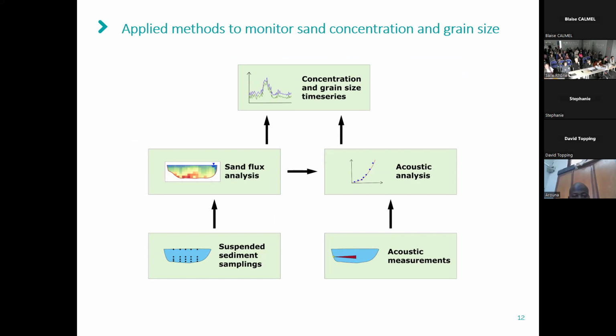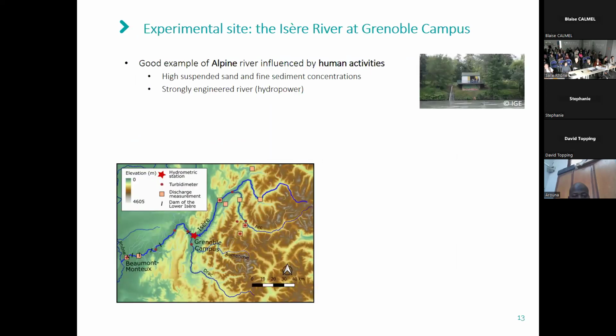I'll apply this methodology and answer the presented questions on the experimental site of the Isère River at Grenoble Campus. The Isère River has been chosen because it's a good example of an alpine river which is influenced by human activities, and it's also a river with relatively high suspended sand and fine sediment concentration relatively continuously.